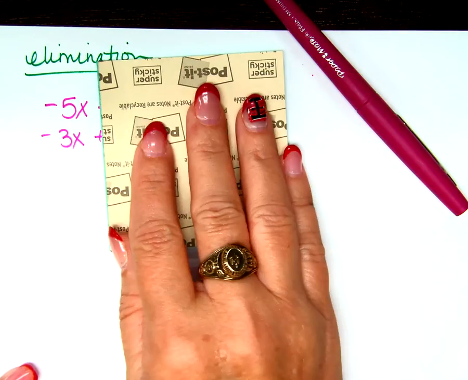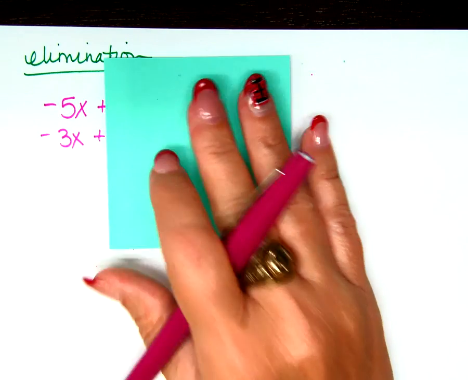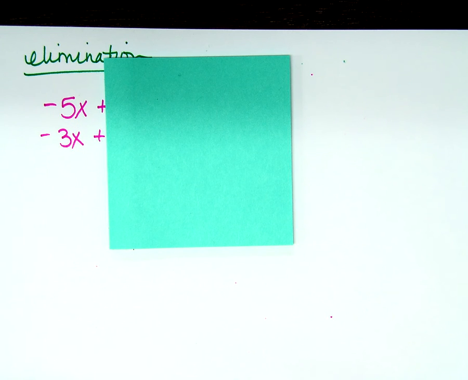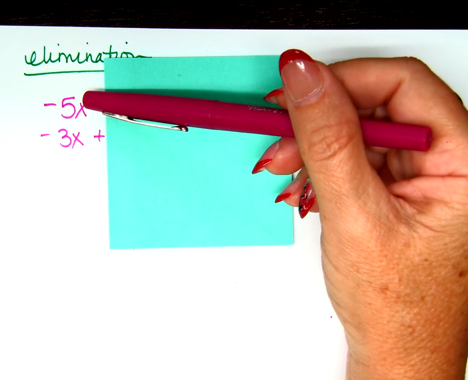Let's pretend I want to eliminate the x's. If I choose to eliminate the x's, what number are both of these numbers divisible into? 15, right? 15 is the smallest number that they can both divide into. Not divide by, because that's definitely 1. But we're saying what's the smallest number they both divide into? So that's got to be at least as big as each one of them and maybe even bigger, right?